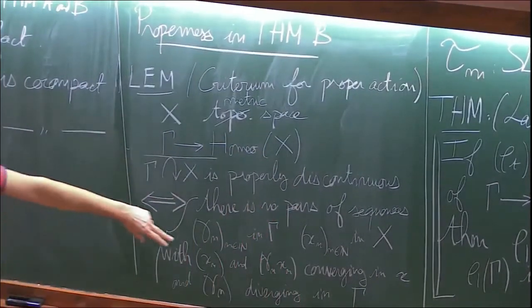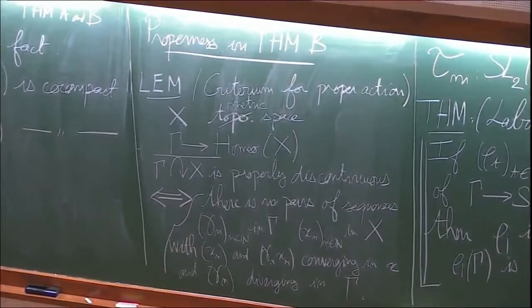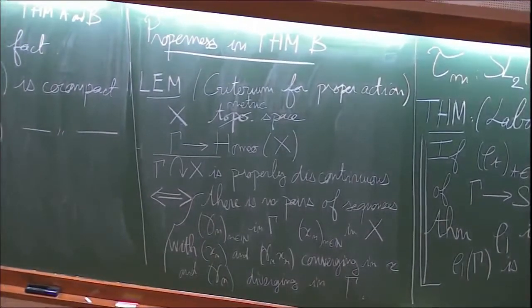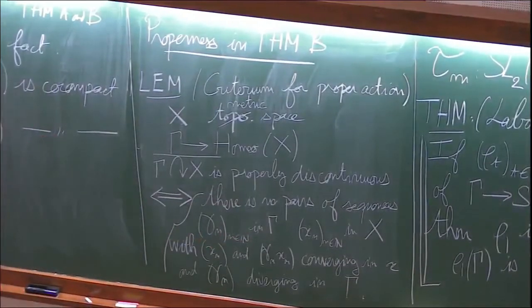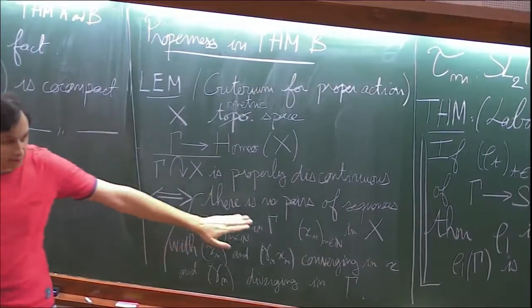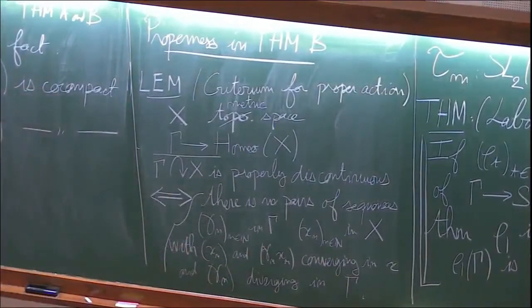It is clear that if you have such a property, then the compact set, which is a union of two neighborhoods of the limit points of these two sequences, has infinitely many elements of the group gamma that bring it to itself. So it clearly contradicts proper discontinuity, but maybe the remarkable fact is that this is the only obstruction to proper discontinuity in this setting.